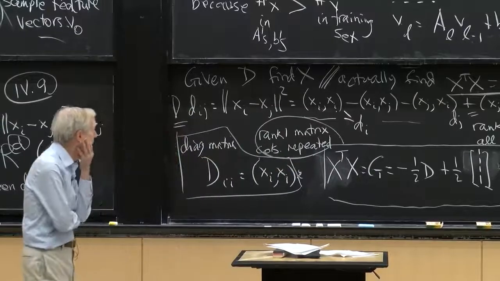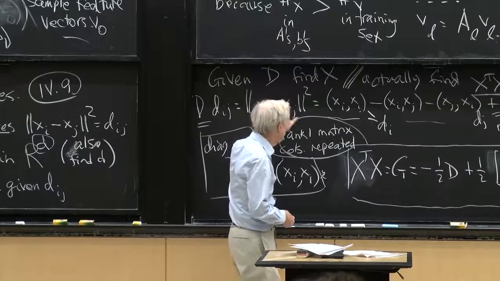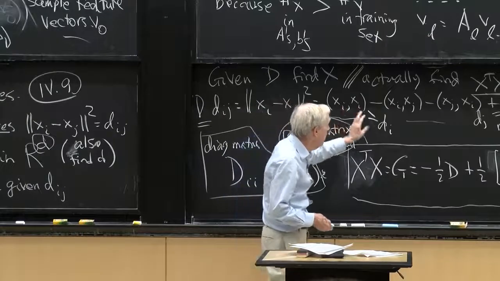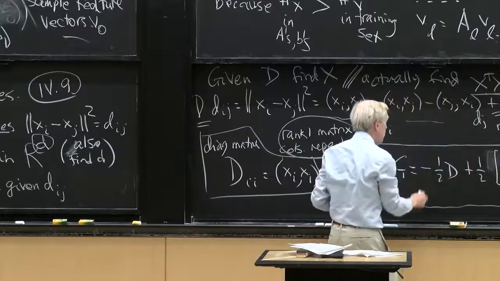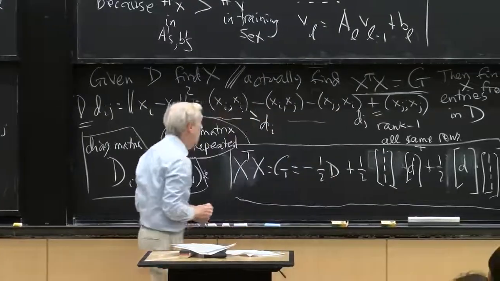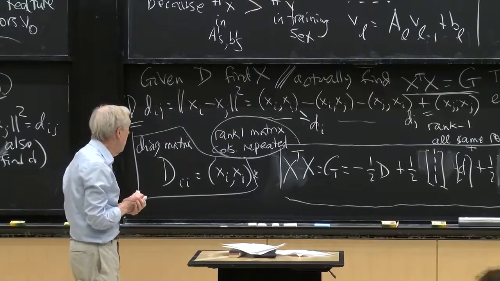But I think I had it right, and there's a reason. But you see that this X transpose X matrix is coming from these rank 1 pieces and these pieces, which are the cross products.